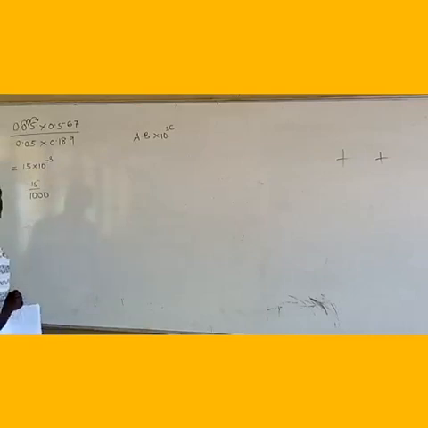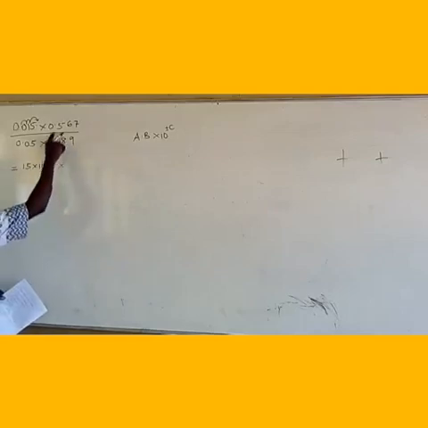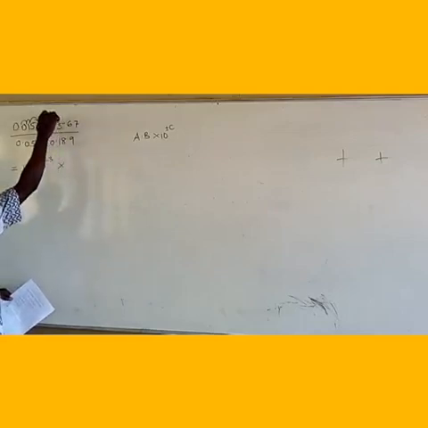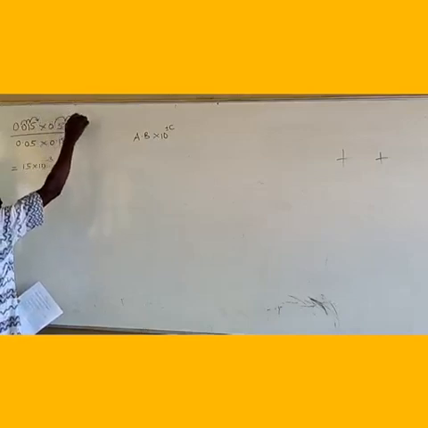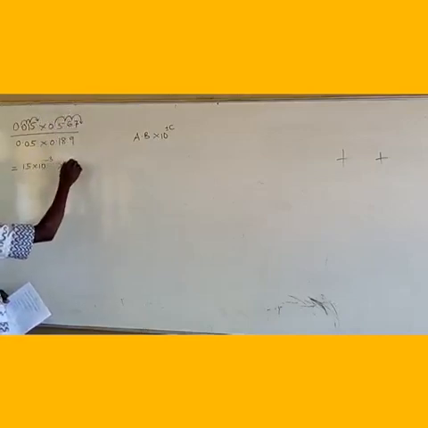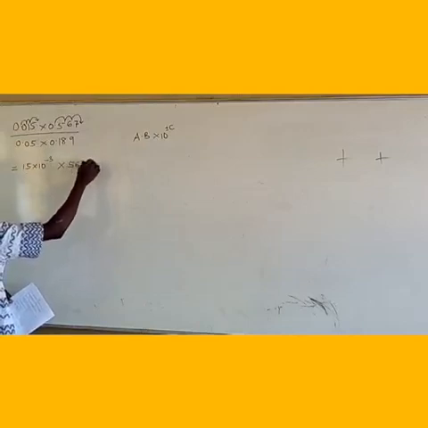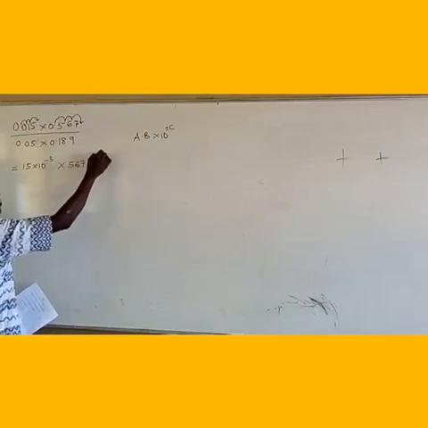Okay, so let's continue. For the second one, we move the decimal point to the right again. 1, 2, 3, so it will be 567 times 10 raised to the power negative 3.